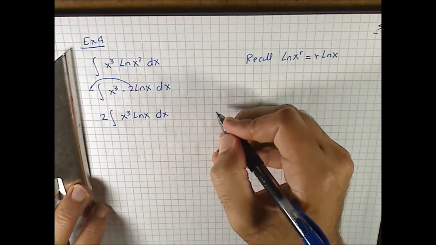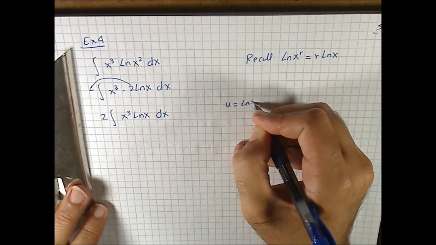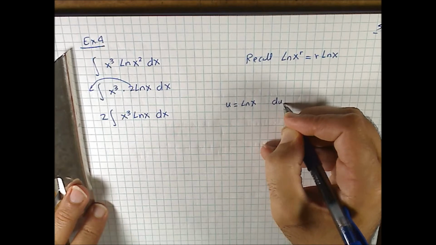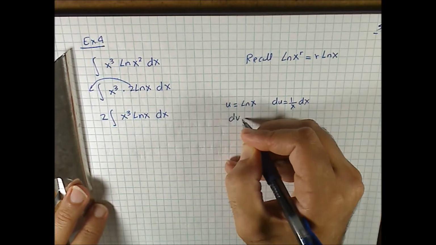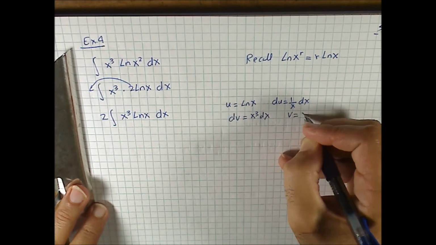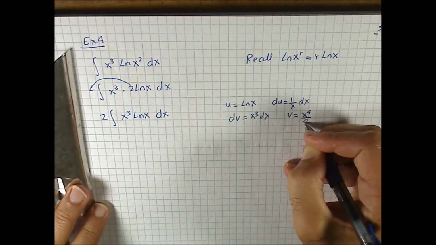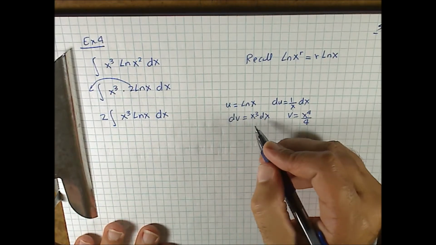Okay, let's make a choice of u equals ln x, and du is 1 over x dx. dv is x cubed dx. v is x to the 4th over 4. Now you might ask, how do you know to make u equals ln x and dv to be x cubed dx?